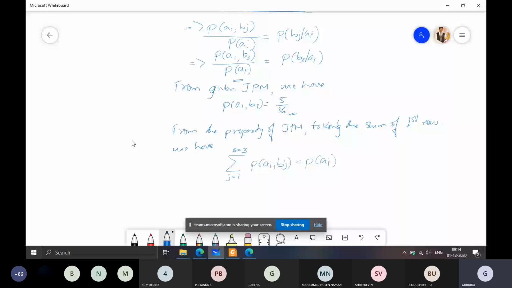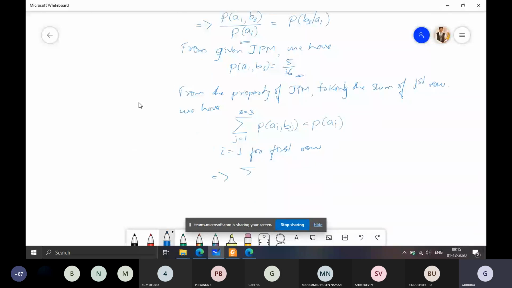Just substitute I is equal to 1 for the first row. Then summation J is equal to 1 to 3 of P of A1 comma Bj is equal to P of A1.